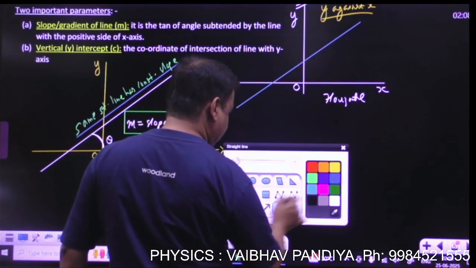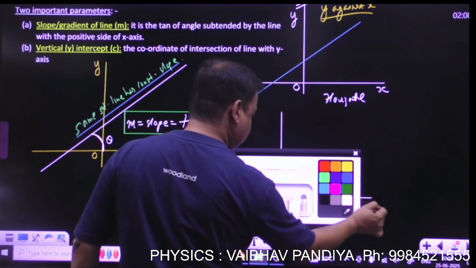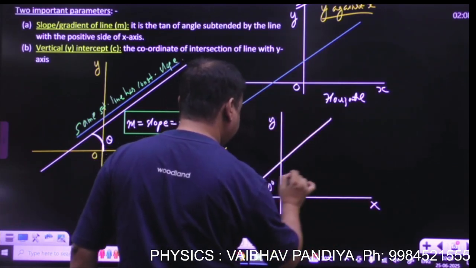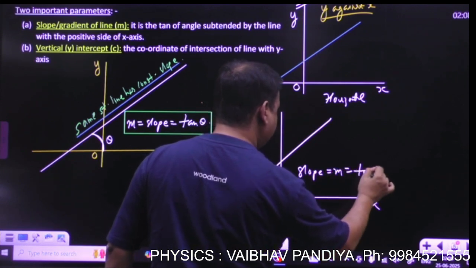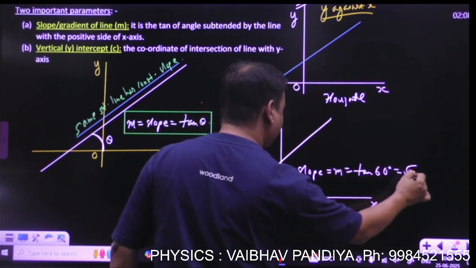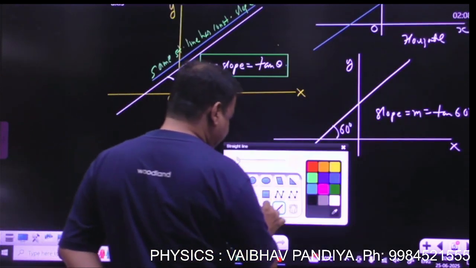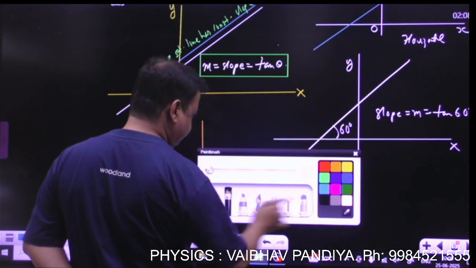So if your graph is like this and the straight line is like this and this angle is 60 degrees, then the slope m will be how much? Tan of 60 degrees, that is root 3. Got it?